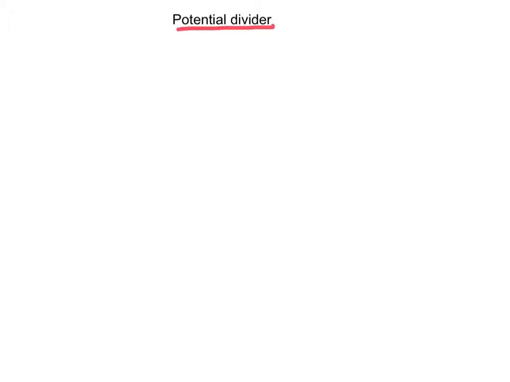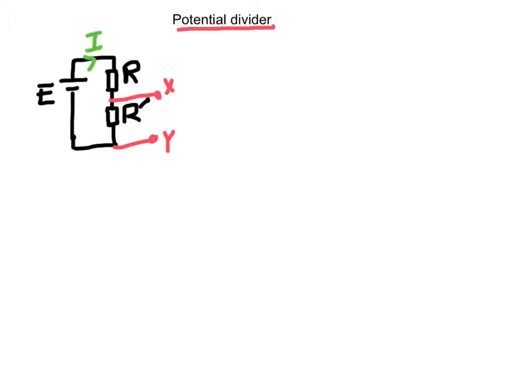Potential divider. In the circuit, we have a battery of EMF E and two resistors of resistance R and R pi.